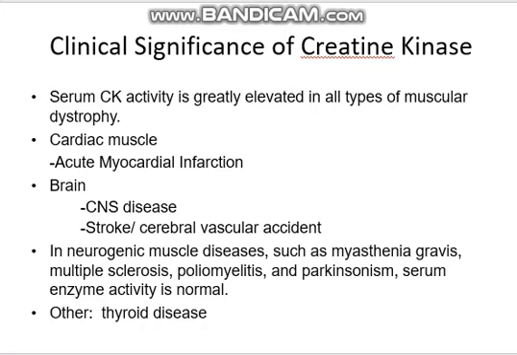It will lead to a problem with the stiffening of the skeletal muscles. And then multiple sclerosis, an autoimmune disorder like myasthenia gravis. In this case, there is demyelinization of the nerve fibers.